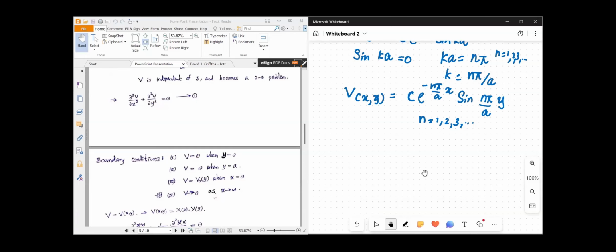Now, when I consider the Laplace equation, it is a linear equation.